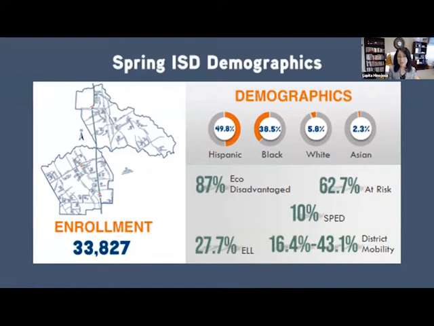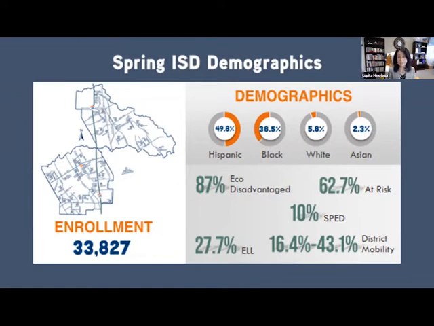We are Spring ISD. We are located right north of Houston, which people used to think of as suburban, but we're really an urban district. We have an enrollment of about 34,000, fluctuating, especially during this year of COVID. You can see our demographics there. We are a district with 87% economically disadvantaged, about 62.7% at risk.